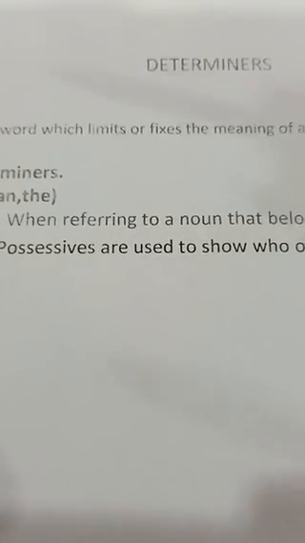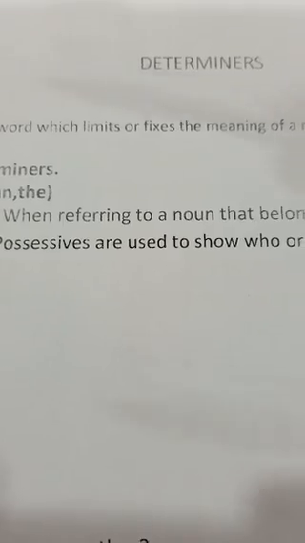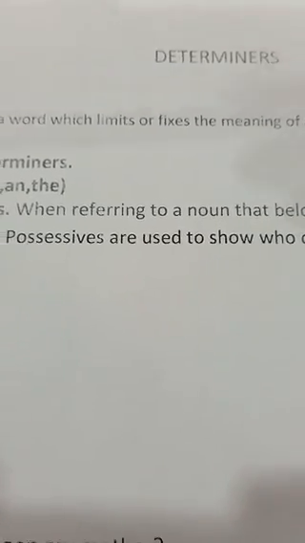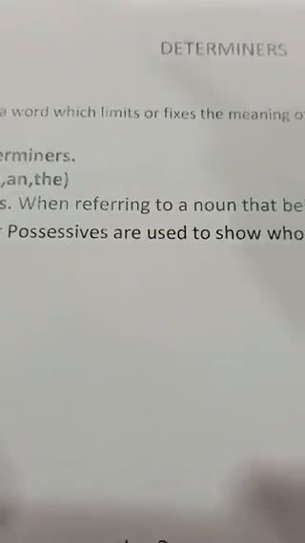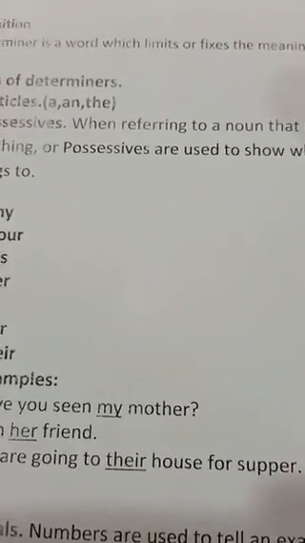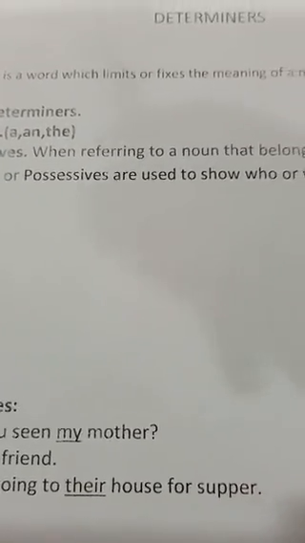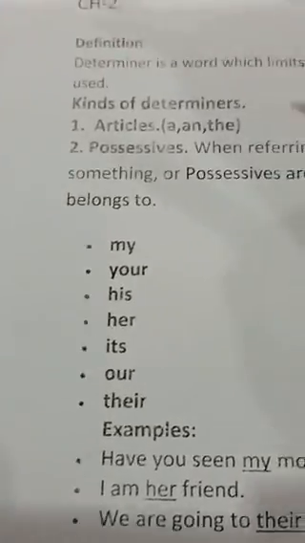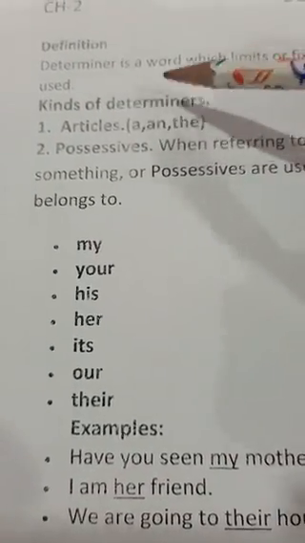It describes the noun. How many pens? One pen, a pen. How many chocolates? I have 10 chocolates. So a word which describes or fixes the meaning of a noun is your determiner.